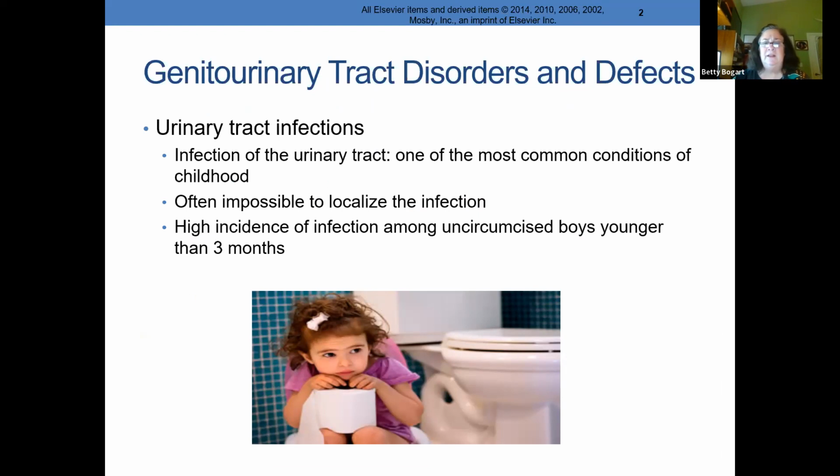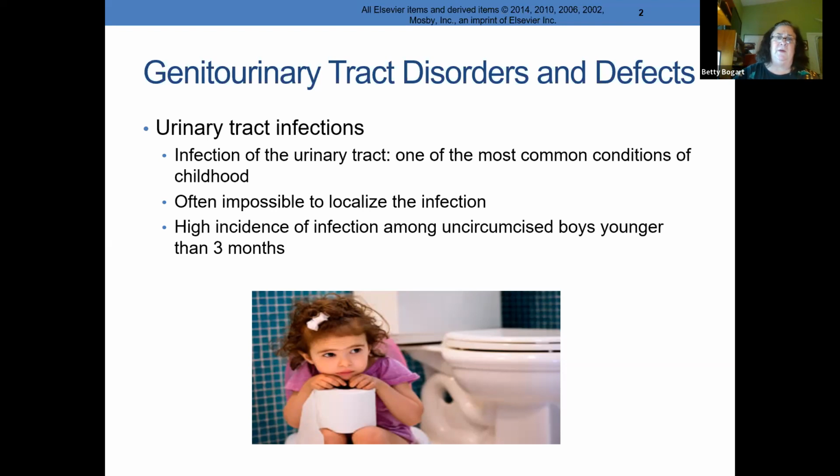Also because little girls like little tight, stretchy pants because they look cute, but of course that holds the heat in. And then of course, holding your stools can be a part of this, and that also creates holding of your urine, which causes urinary tract infection.